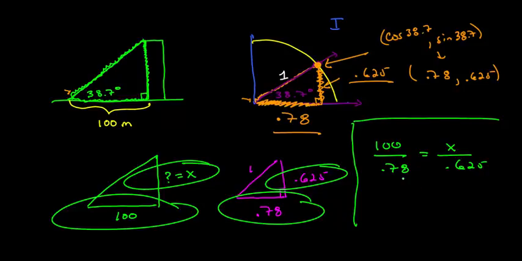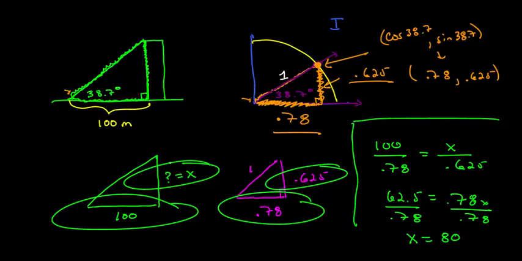So 100 times 0.625 is 62.5. 0.78 times x is 0.78x. So we're going to divide both sides by 0.78. So we'll take 62.5. I'll write it out here for you. And that tells me that x then is equal to, let's see here, 80.